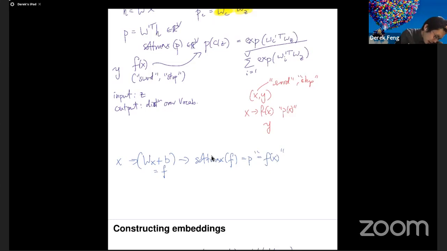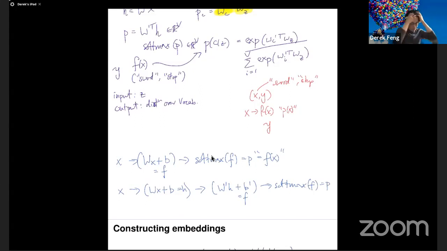With hidden layers, you have WX plus B, and I call this H. Then I do it again, W prime H plus B prime. Then I take the softmax of this thing I call F, and I get P out.